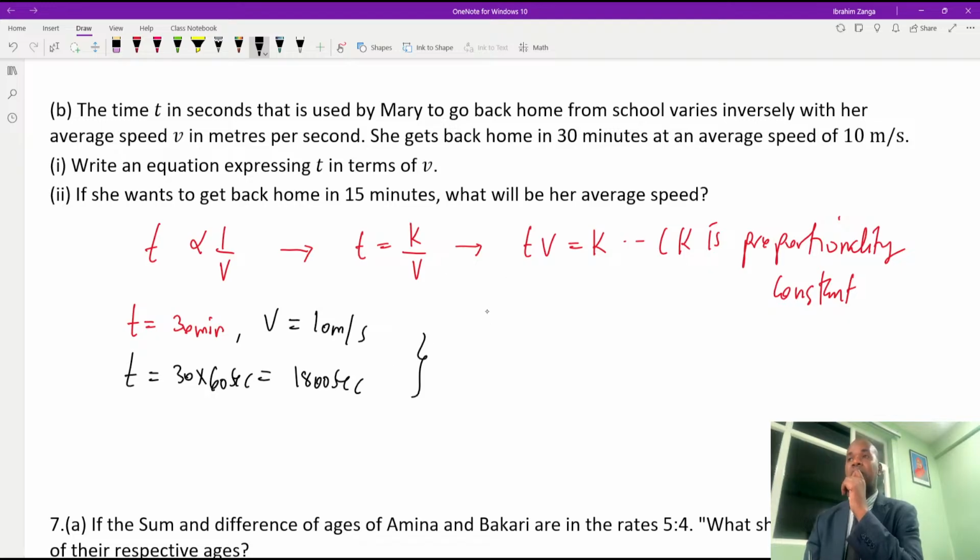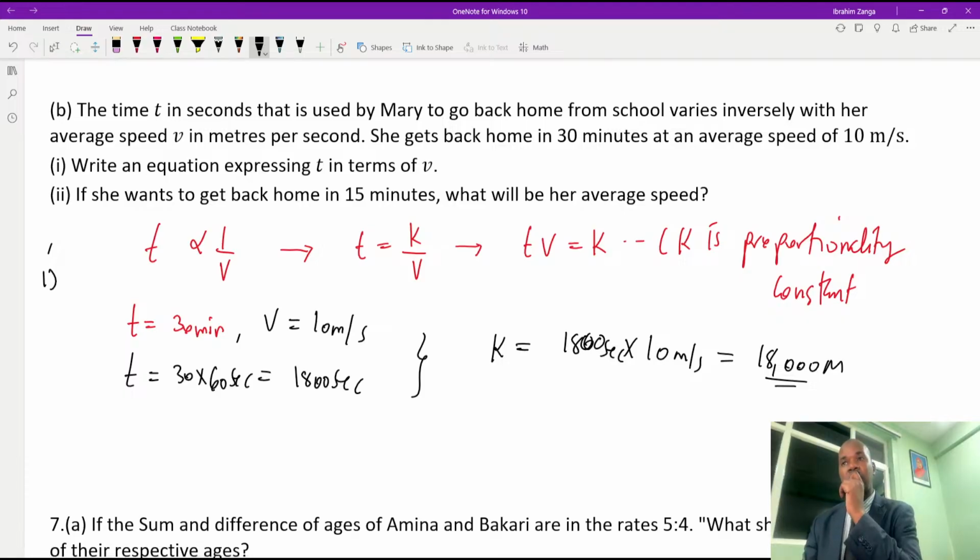And so, for part 1, the equation expressing t in terms of v, I'll be saying that k equals tv, and t is 1,800 multiplied by v. Here you have meters per second, and here you have seconds. So eventually you get 18,000 meters.